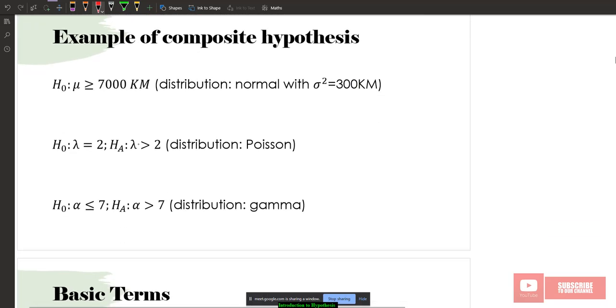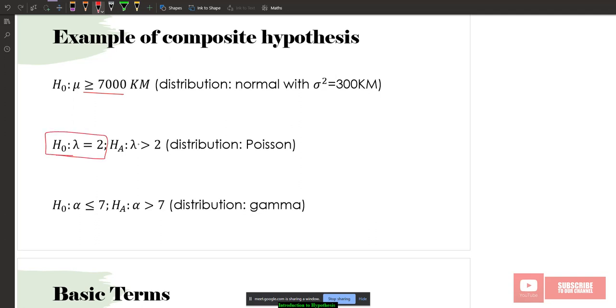Now, this is one example of a composite hypothesis, when H null is mean more than 7,000. This is not a specified value, so this is automatically a composite hypothesis. But the second example, we have lambda equal to 2 for the null hypothesis.